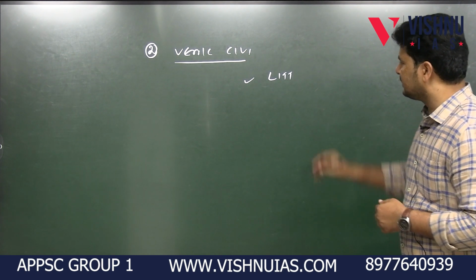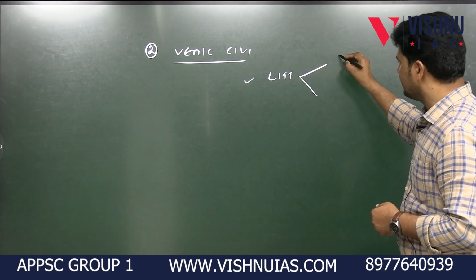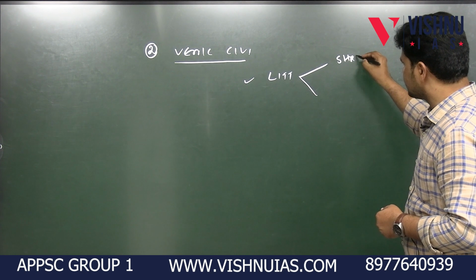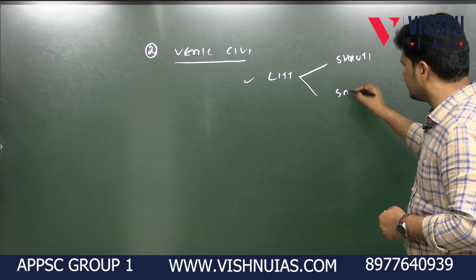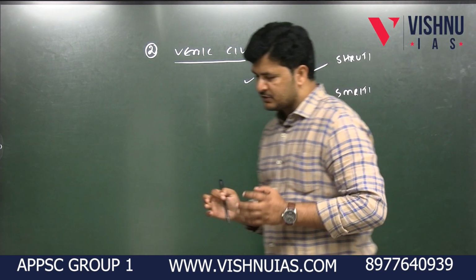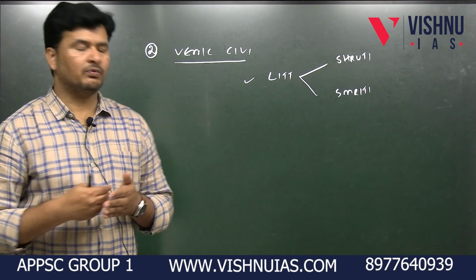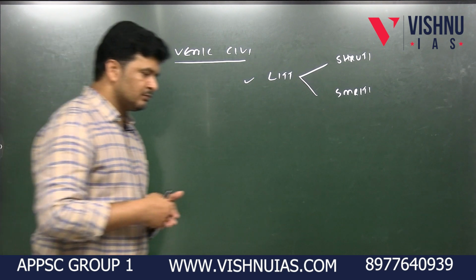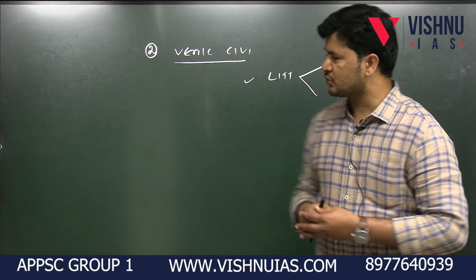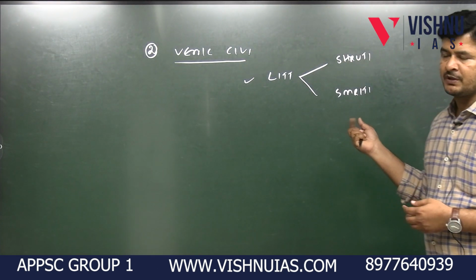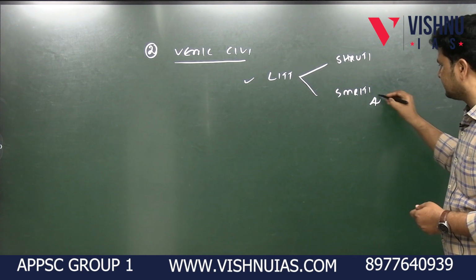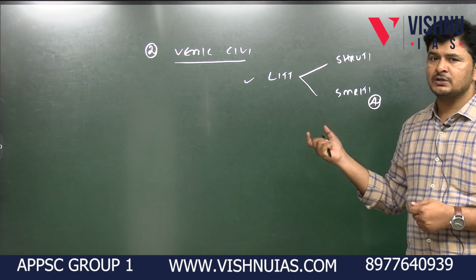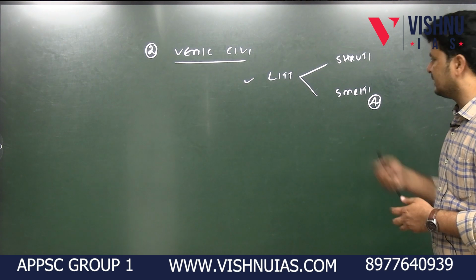To begin with Vedic literature, we have Shruti literature, followed by Smriti literature. What are the components in Shruti? We have Vedas, Aranyakas, Brahmanas, Upanishads. When it comes to Smriti literature, we have 4 components: Vedangas, Upavedas, Puranas and Itihasas.